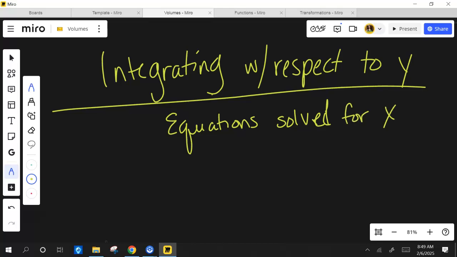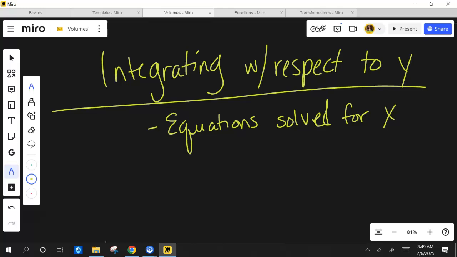This is when your equation is solved for x instead of y, and you find it easier to find the area to the y-axis instead of the area to the x-axis.